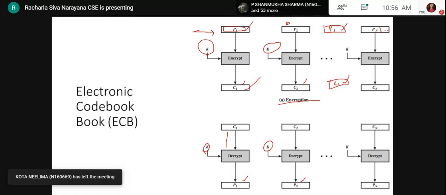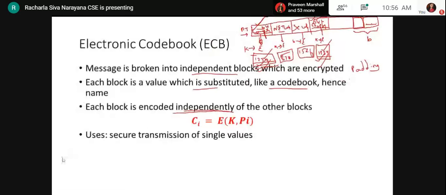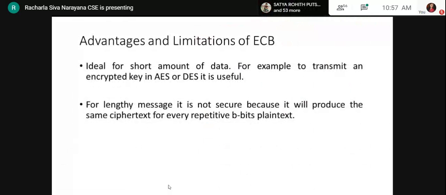That is the disadvantage. So ECB is used for secure transmission of small values.